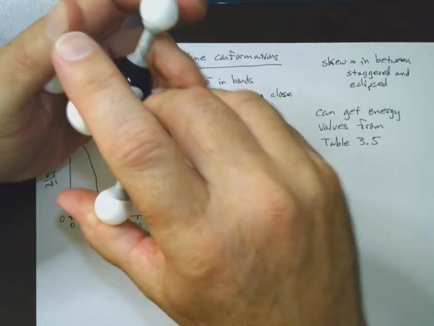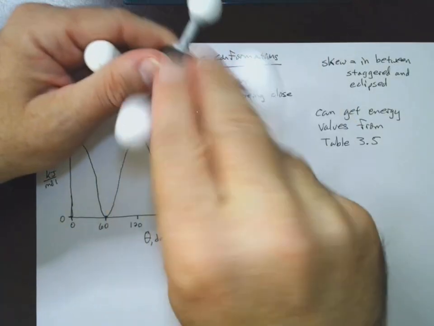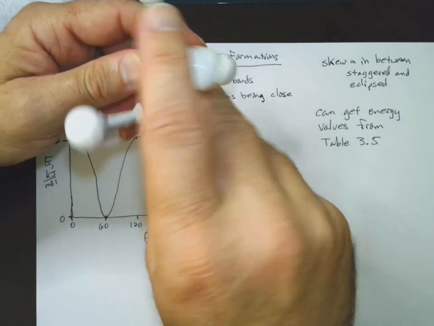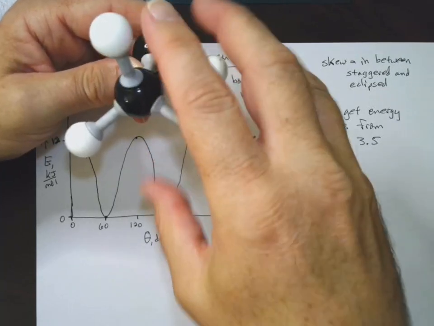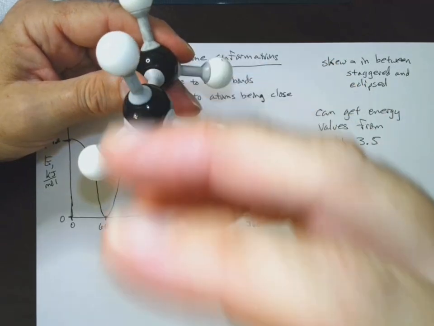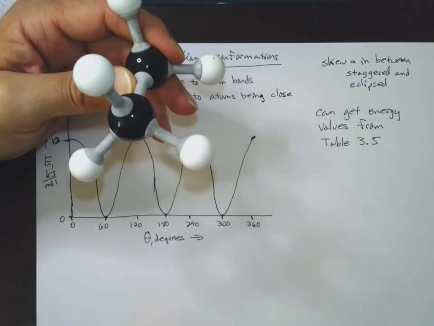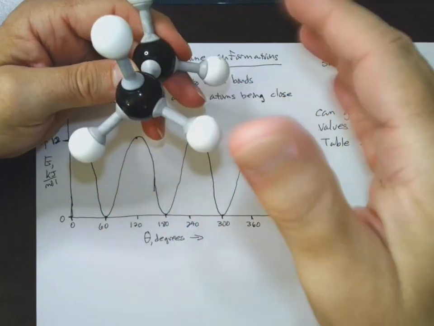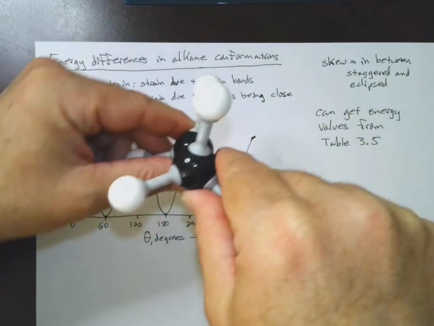Especially on longer time scales, you're going to see these guys averaging any of the conformations, but more time in the staggered than in the eclipsed. Now, when we get to bigger groups, we'll see that the energy barrier gets larger, and some conformations are much more stable, so they'll be the more important conformations when we're looking at how things react.